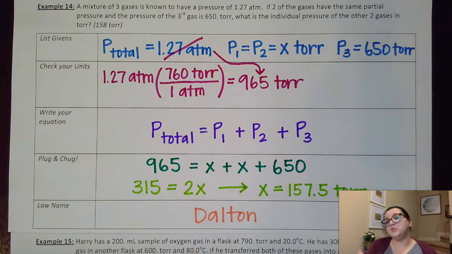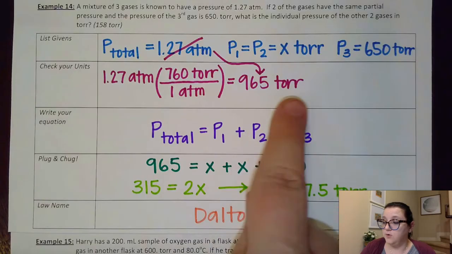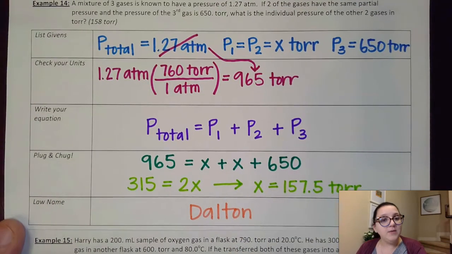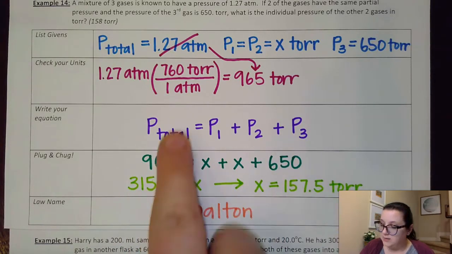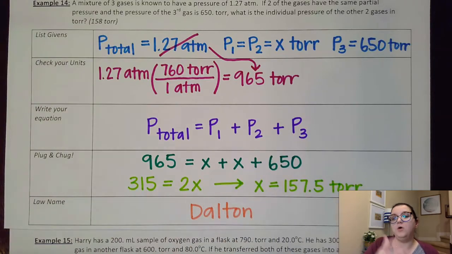And since I want my answers in torr, I thought it best to convert everything into torr. So when I checked my units, I went ahead and converted atmospheres into torr here for that total pressure. And so then I just plugged everything into my formula here. My 965 was the total. P1 and P2 are unknown, but we know that they are the same value. P3 was 650.